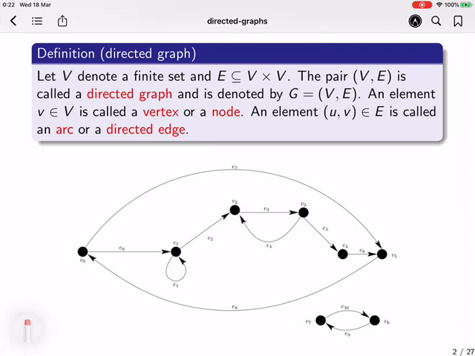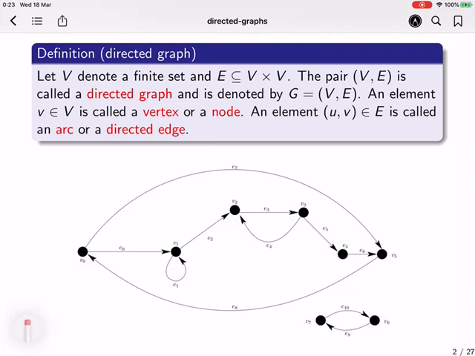E2 is the pair V1, V2. E3 is the pair V2, V3. E4 is the pair V3, V4. The difference between the pair E3 and the pair E4 is that in the edge E3, the first vertex is V2 and the second vertex is V3, whereas in the edge E4, the first vertex is V3 and the second vertex is V2.